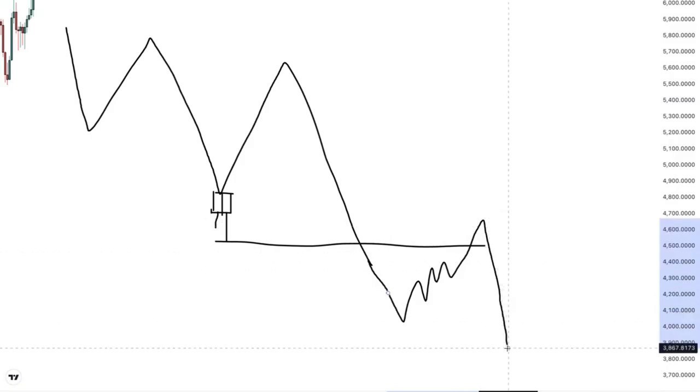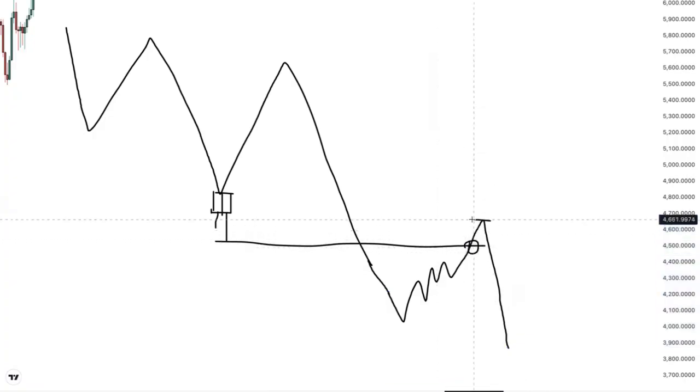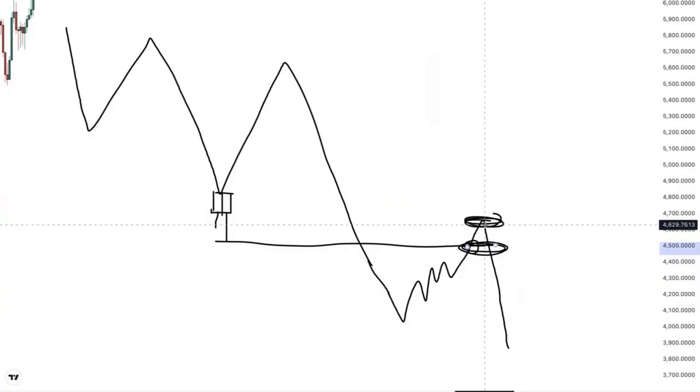As you can see, price has actually respected our break and retest structure, but our stop loss would have been very huge. So instead of placing our trades right here, why shouldn't we place our trades right here? We can actually look for an entry and place our trades here instead. I'm going to show you how we usually look for an entry at this point.